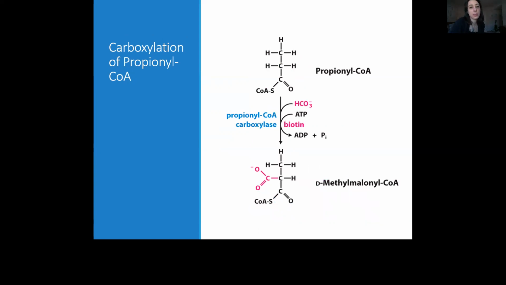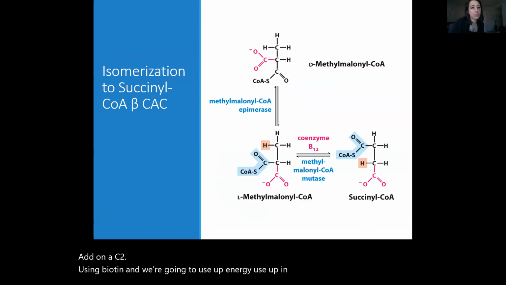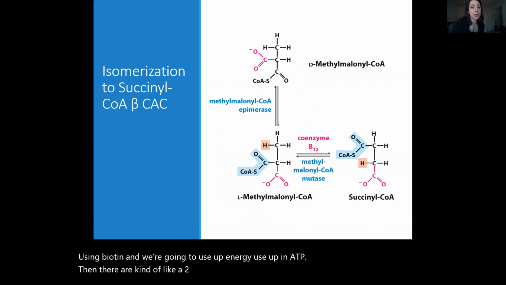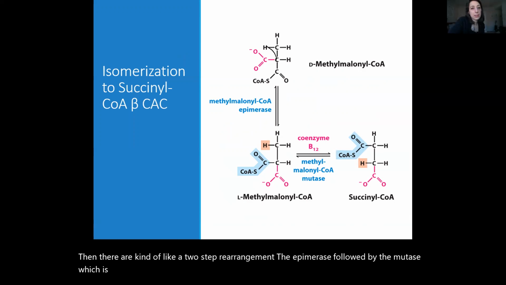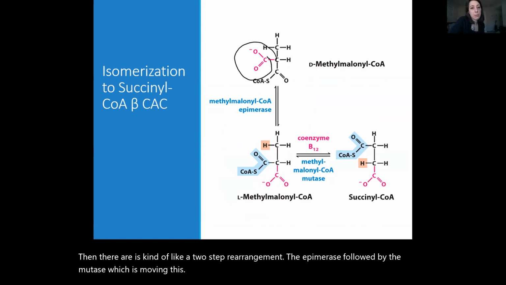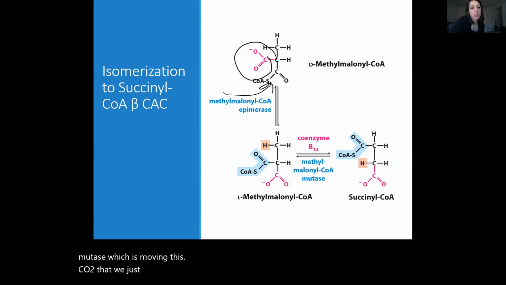So again, this is just a close-up. We're going to take our propionyl CoA, add on a CO2 using biotin, and we're going to use up energy, use up an ATP. Then there's a 2-step rearrangement, the epimerase followed by the mutase, which is moving this CO2 that we just made and the thiol onto that CO2 around.